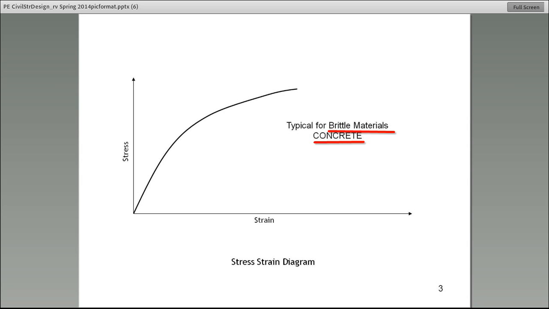These are kinds of materials that fail without any warning. They give us no initial warning before they actually fail. So think about, well, concrete, for example, that's a brittle material.